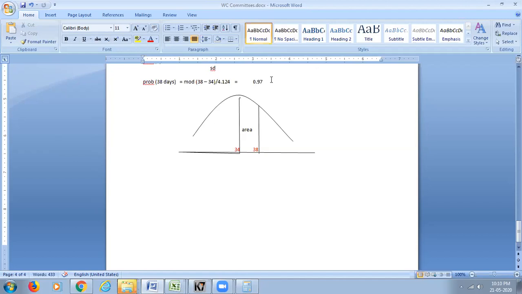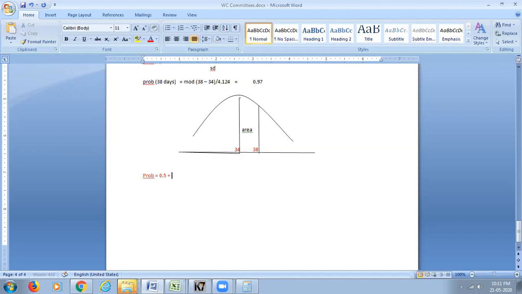For 0.97 it is 0.3340. Normally it takes 0.5. The probability to complete the project in 34 days is 0.5. Probability is basically 0.5 now.